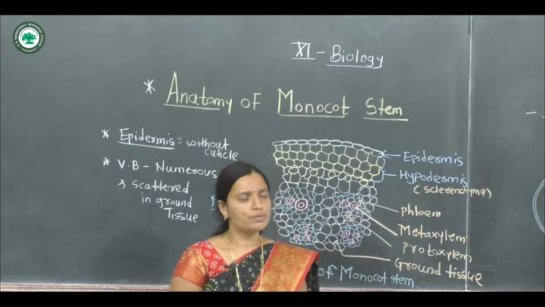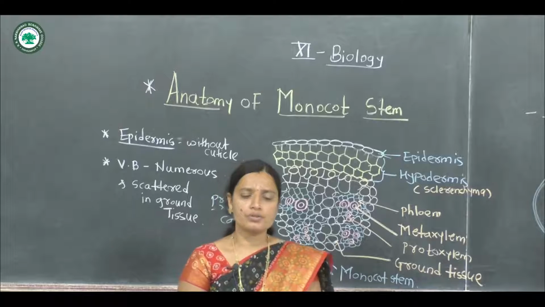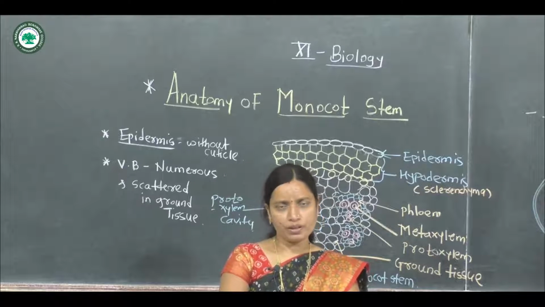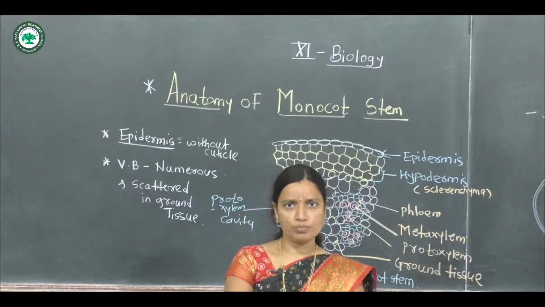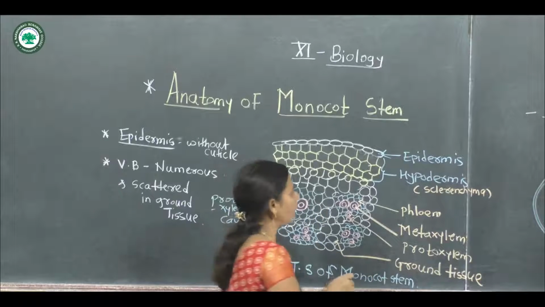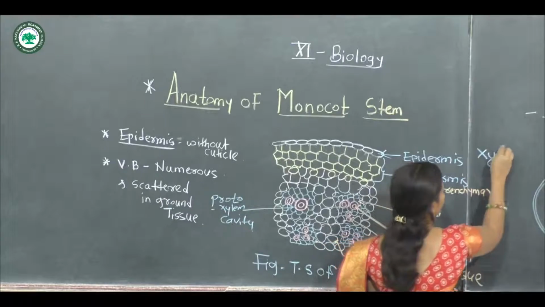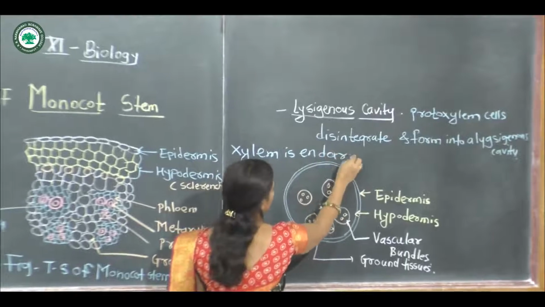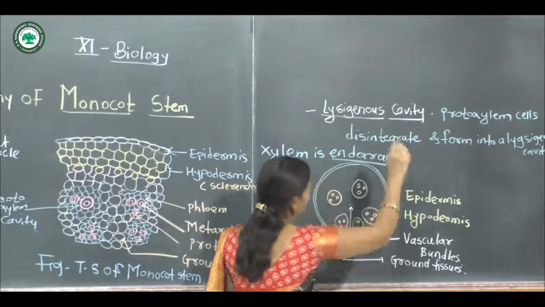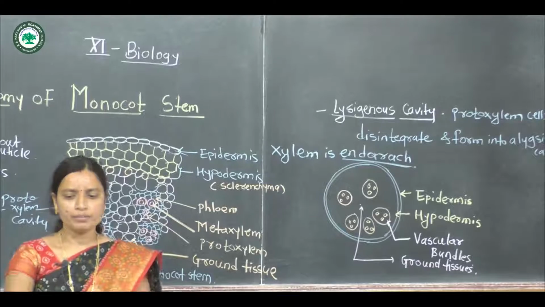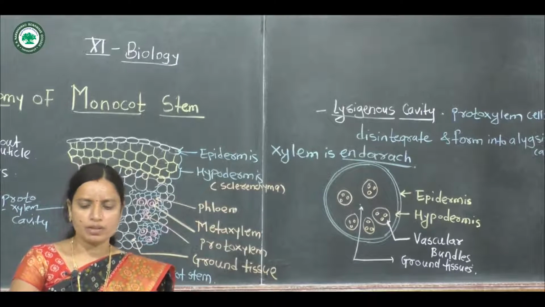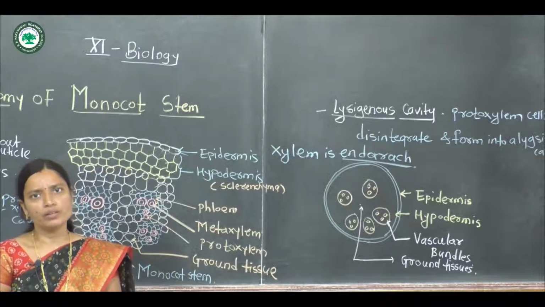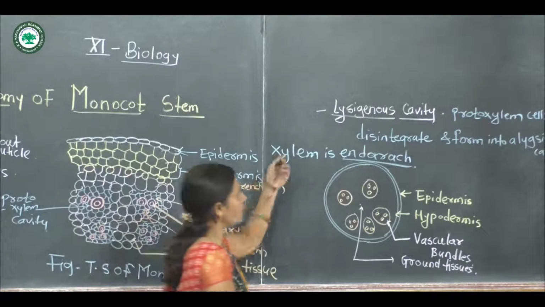An important point is that a lysigenous cavity is found in the vascular bundles. The xylem is in the endarch condition. The vascular bundles have sclerenchymatous bundle sheath cells and show a lysigenous cavity.